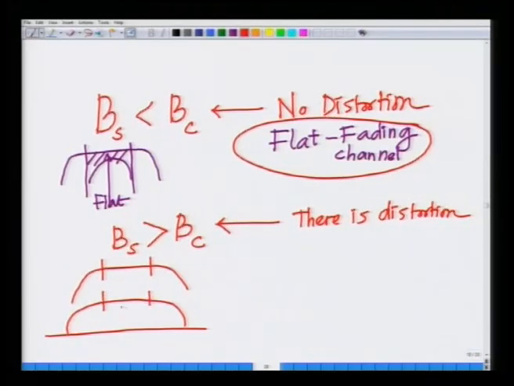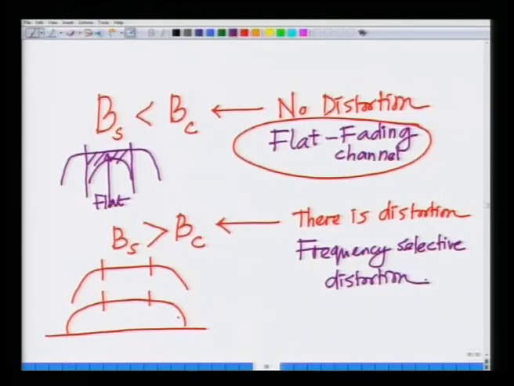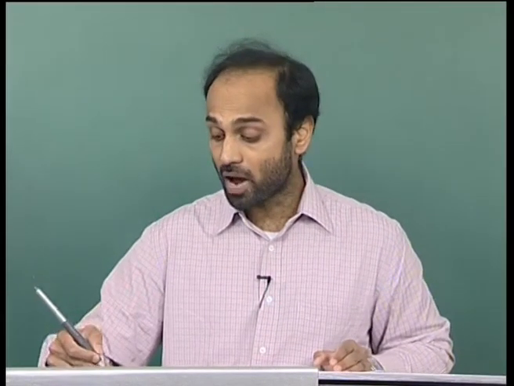The distortion in the central part depends on the flat part, and the distortion in the edges depends on the frequency response of the channel. Hence, this is also known as frequency selective distortion, which is when the bandwidth of the signal is greater than the coherence bandwidth of the channel.